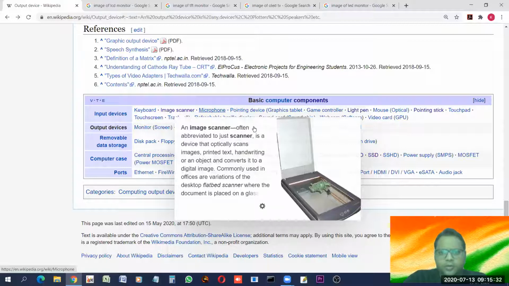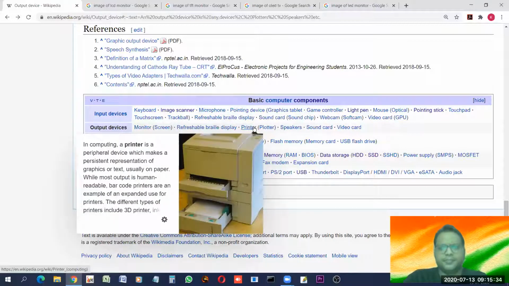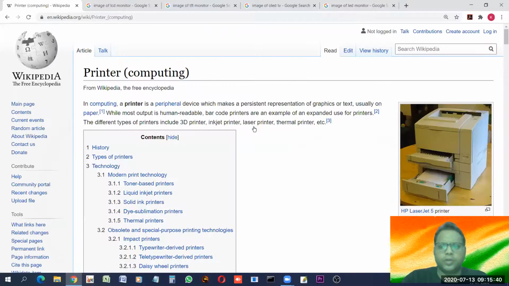Now let us know about printers. Printers are devices which are used for outputting anything over paper or flex material or anything. In computing, a printer is a peripheral device which makes a persistent representation of graphics and text on paper.